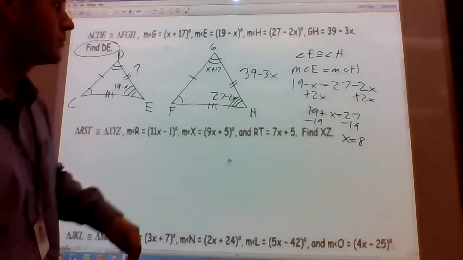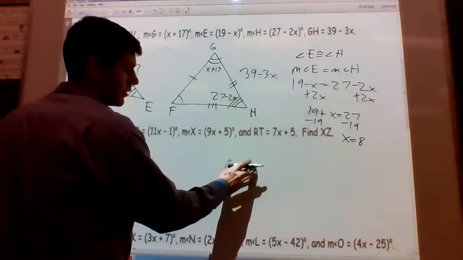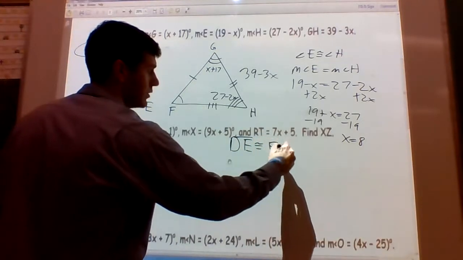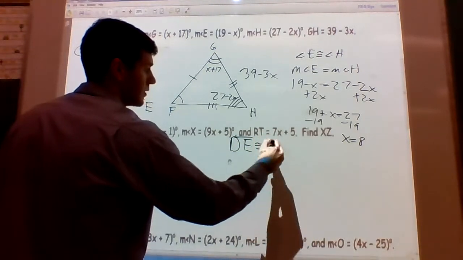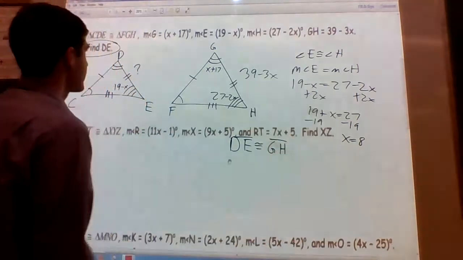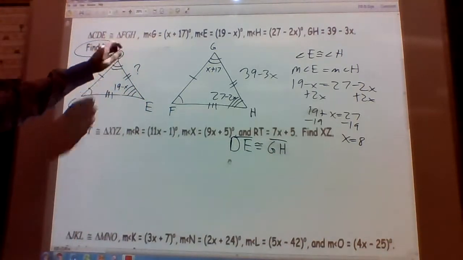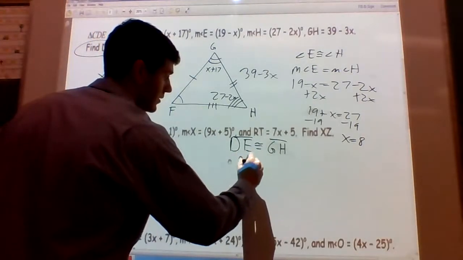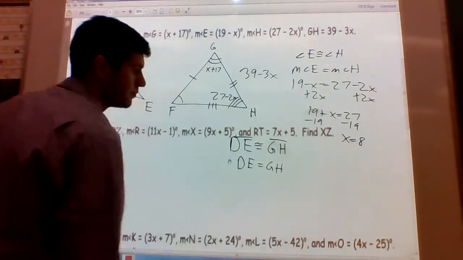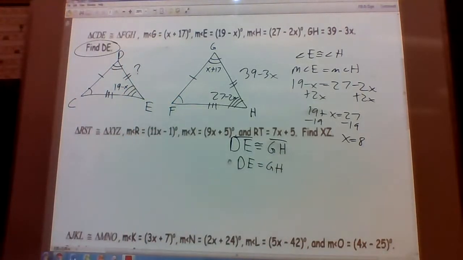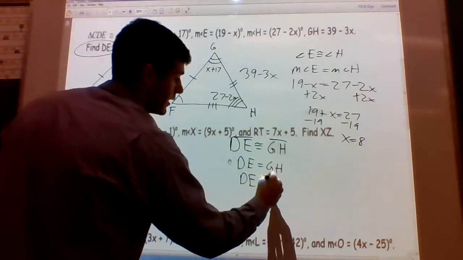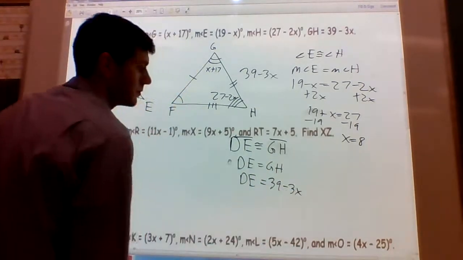Luckily, we know GH, and we know that DE is congruent to GH. Therefore, DE is equal to GH, since the lengths are equal. So DE is going to equal, if we substitute in, GH, which is 39 minus 3x.